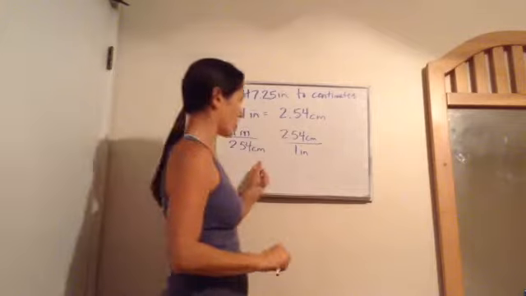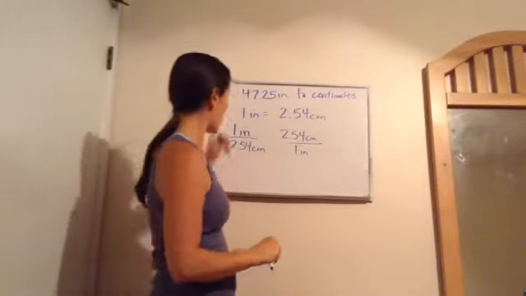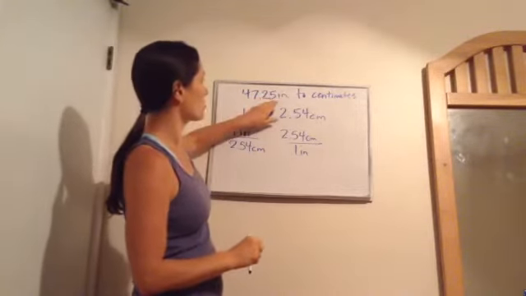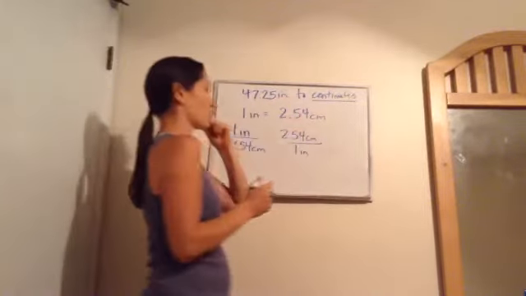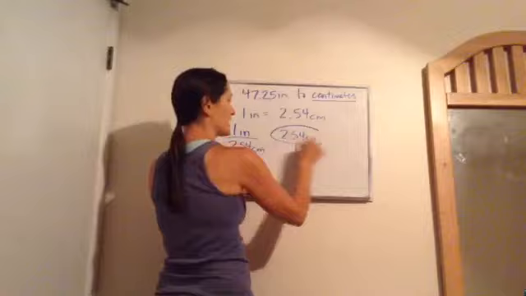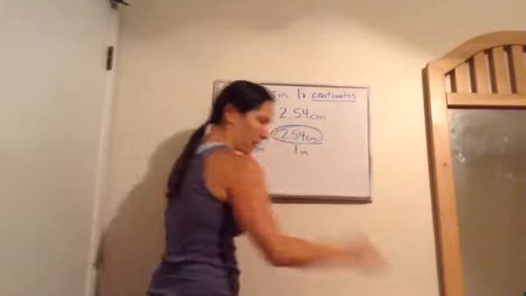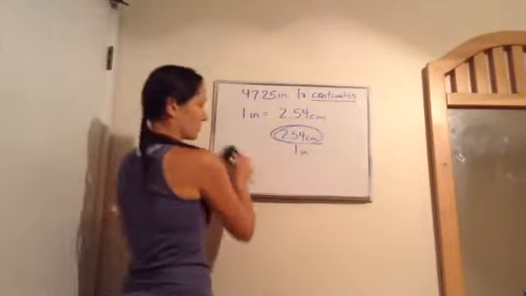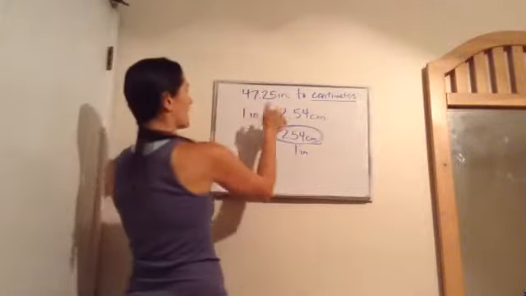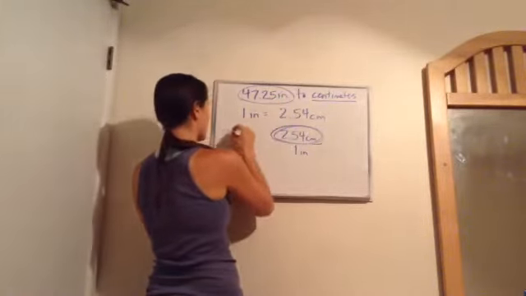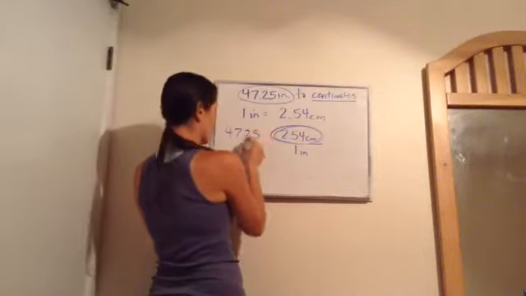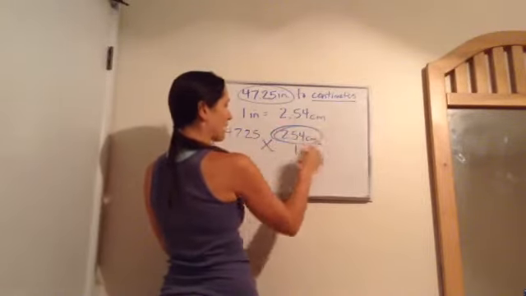That's the way we would create our unit multipliers. Now, what we're going to do is they want to take 47.25 inches and change it to centimeters. So, we want the centimeters on top. So we will not need this one. And we're going to take the amount that we're wanting to convert to centimeters and write it down and multiply that by this unit multiplier.